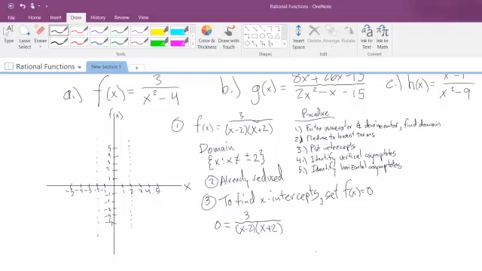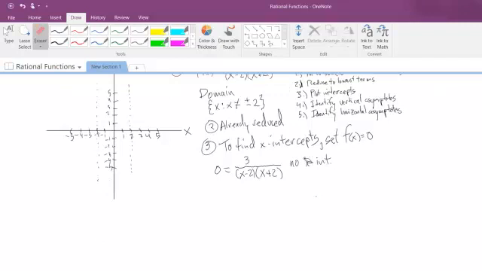It's not equal to 0 when the denominator equals 0. We've gone through that a couple of times, where if the denominator is 0, it's undefined. This function is equal to 0 when the numerator is equal to 0. But the numerator is never equal to 0. The numerator is constantly 3. If this had 3x, we'd say the numerator is equal to 0 when x equals 0. But there is no x up here. It's just 3. So there are no x-intercepts.